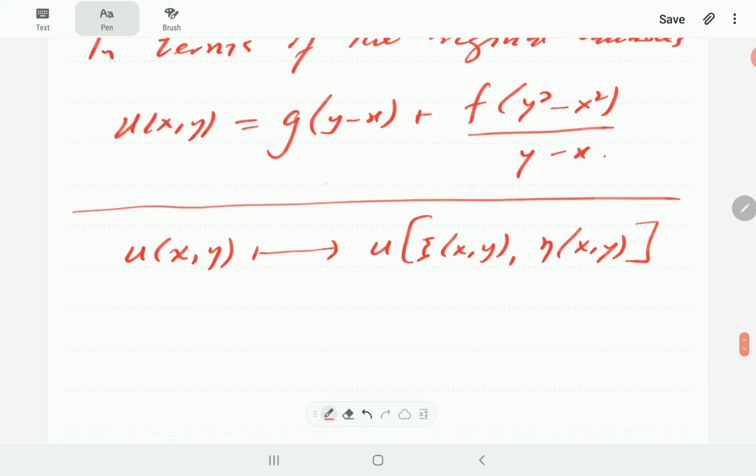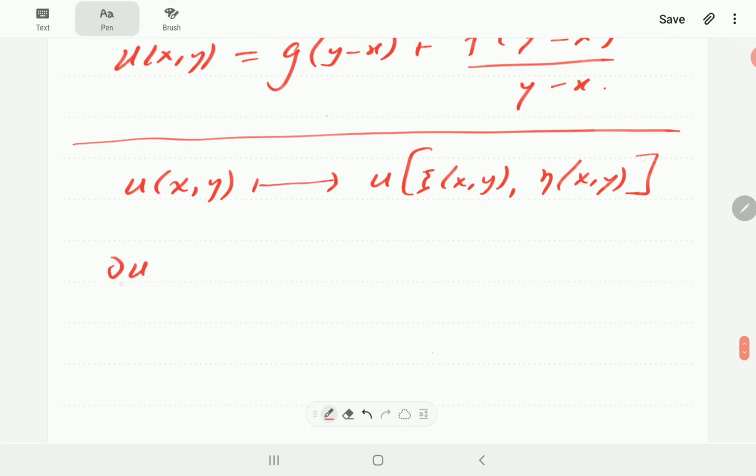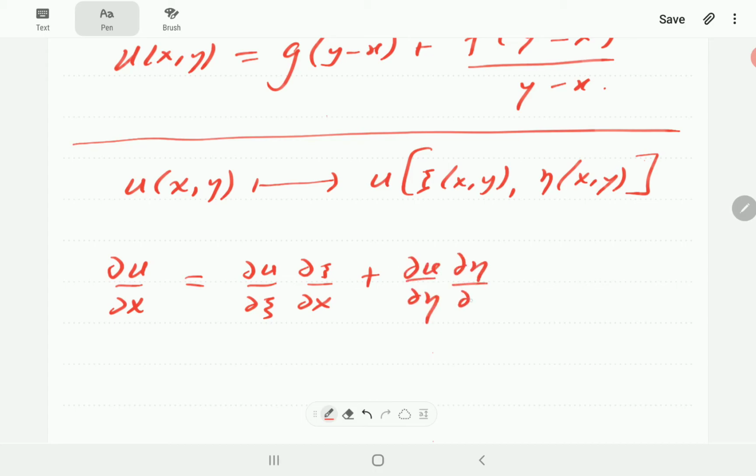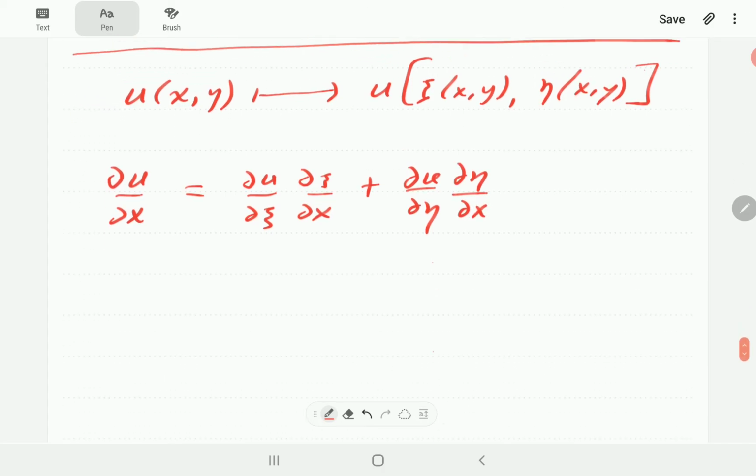Now, if we start with the derivative of u with respect to x, we want to differentiate this with respect to x, but it depends on x through xi and eta. So that's why we have got to do partial u, partial xi, times partial xi, partial x, plus partial u, partial eta times partial eta, partial x.